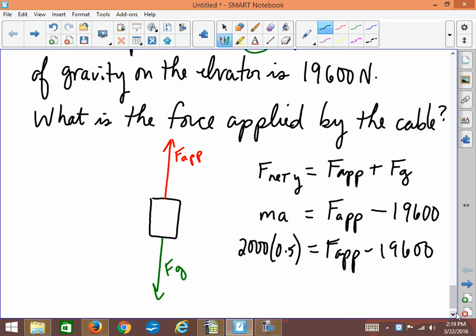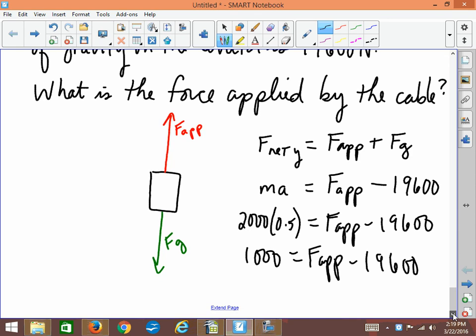Well, 2,000 times 0.5 is 1,000, right? F applied. And you can see what's going to happen when I move this 19,600 to the other side of the equation. It will add up to 20,600, and that would be the force that the cable would be pulling with.